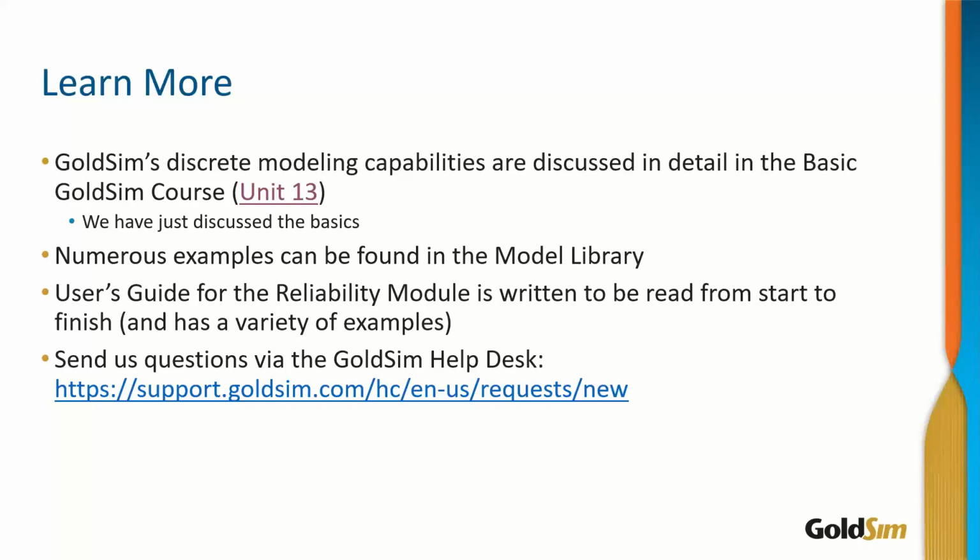If you want to learn about the reliability module, there are only 2 types of elements in it. The elements are fairly complex; you can see that it was a complex-looking element. But learning the reliability module is not difficult. The user's manual for the reliability module is only, I don't know, 110 pages or something like that.